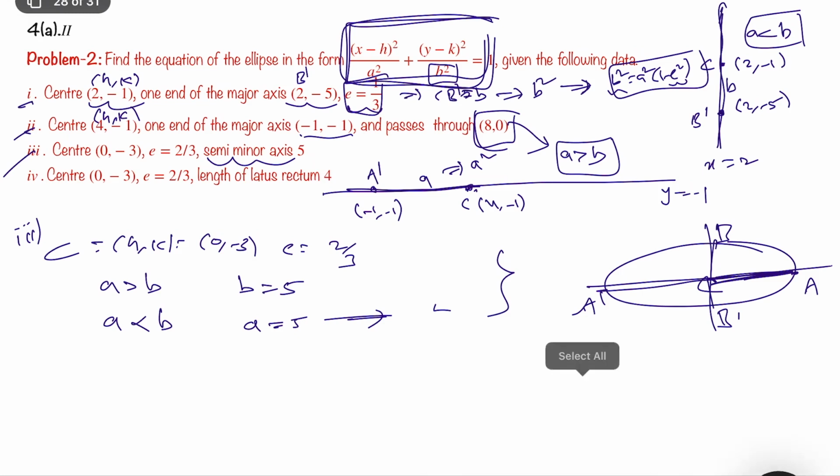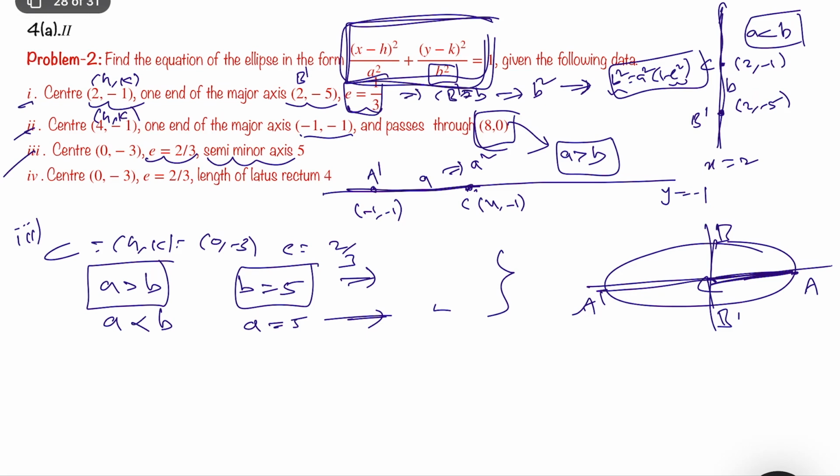For example, if you consider the a greater than b case, the semi-minor axis length 5 is given, so b equals 5, and eccentricity is also given here. From that you can get the a value. We have a relationship between a, b, e, and we already know e and b, so we can figure out a.